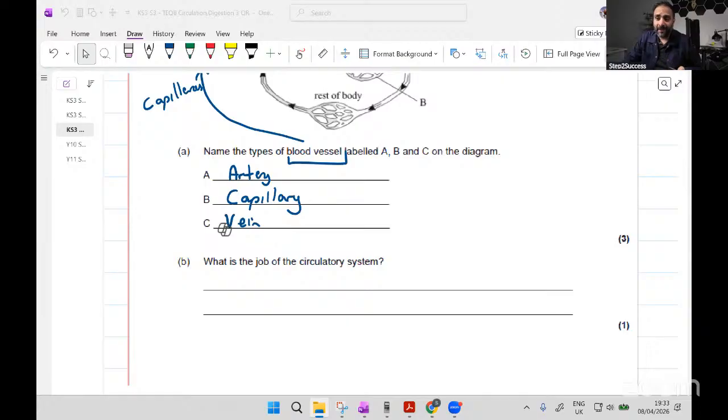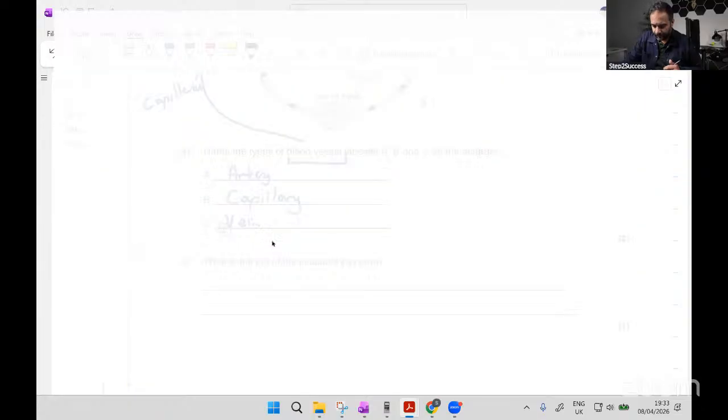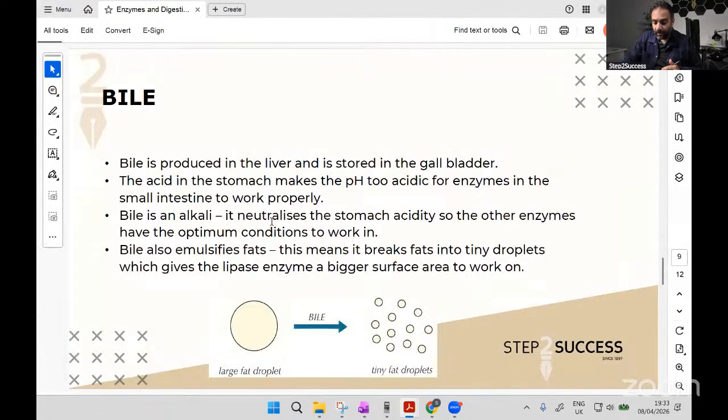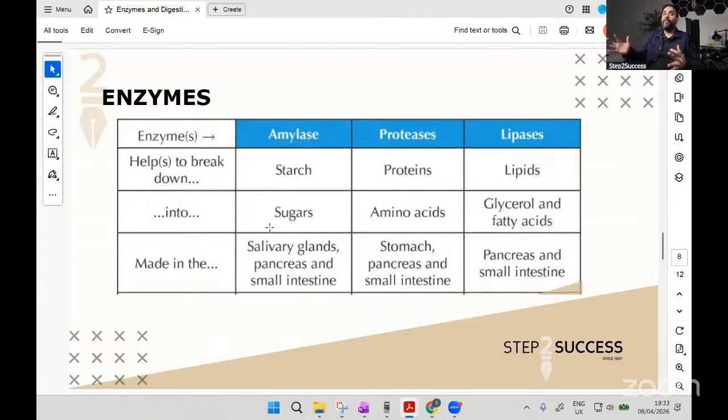So we did two topics there, digestion and a little bit about the heart. One important thing to try and remember is everything you see in this table, because if you can remember everything in this table, then it answers a lot of the questions that you get on the digestive system. We saw a lot of them already, like where the enzyme was made.